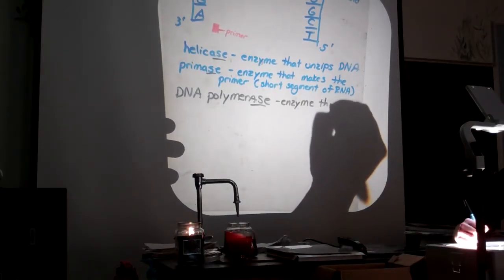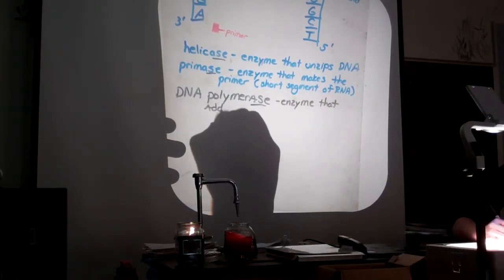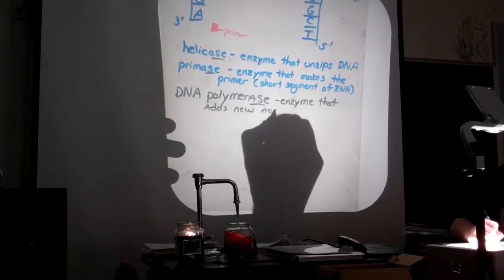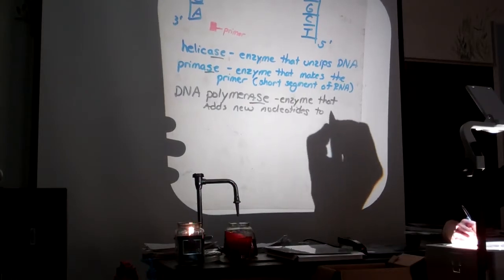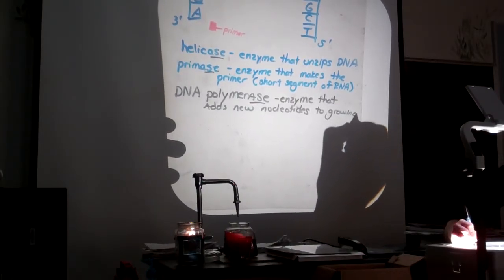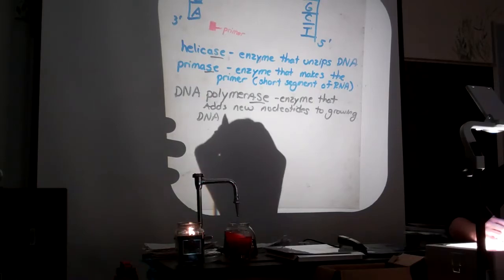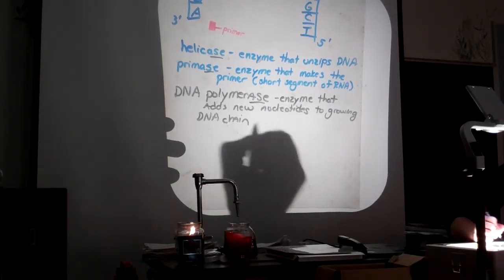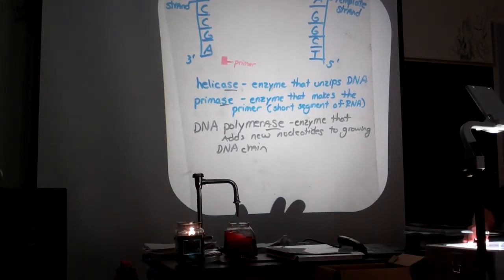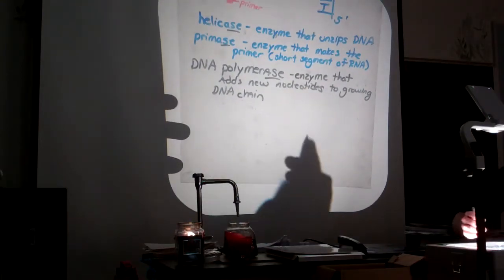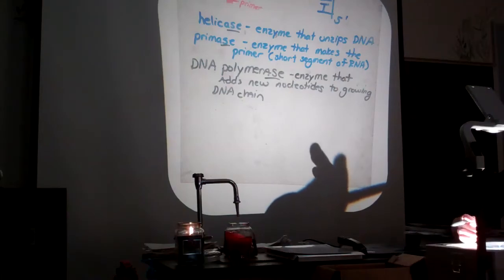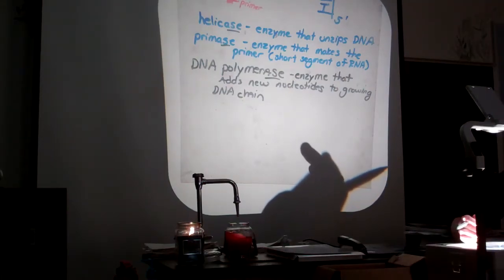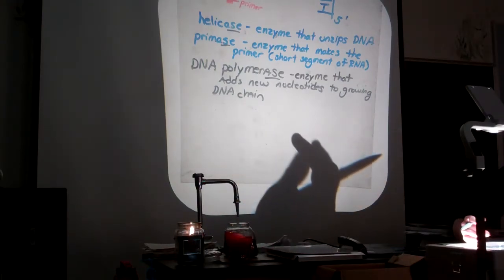Notice the trend here, by the way, guys: ase, ase, ase. You get the idea. It's the enzyme that adds new nucleotides to the growing DNA chain. So it's the enzyme that's going to be adding on nucleotides one at a time. You'll see a video here in a minute. It's just going to boop, boop, boop, one at a time to the growing DNA chain.